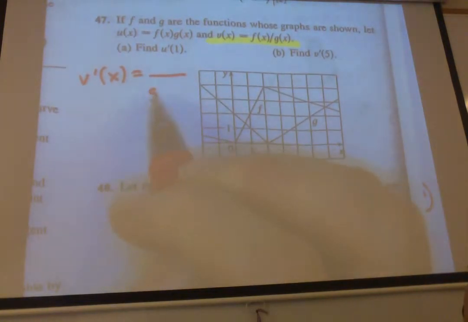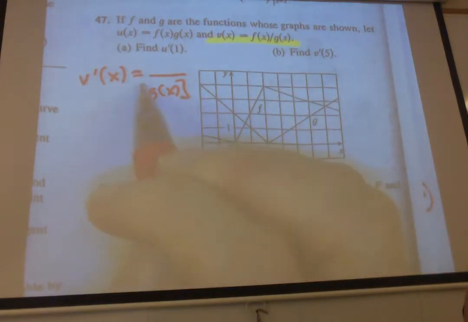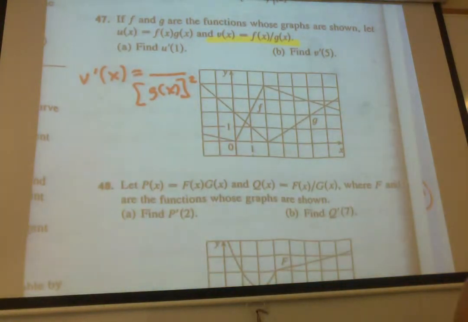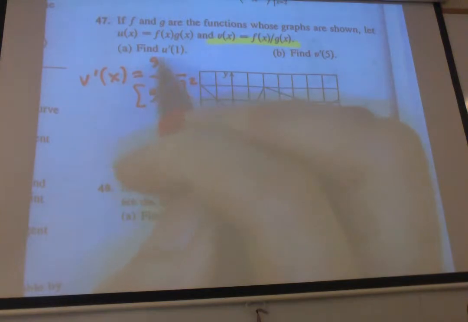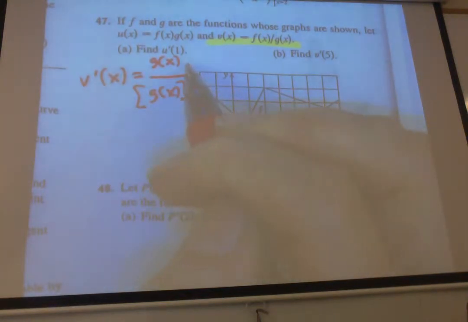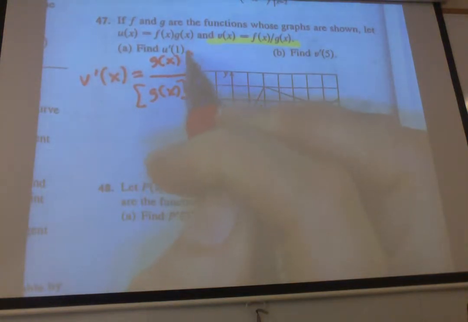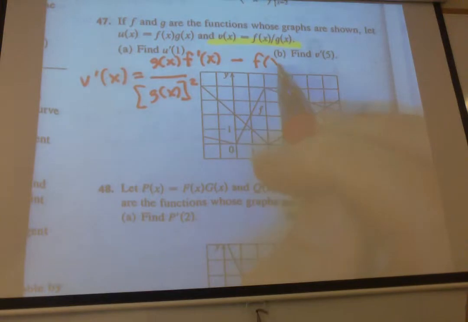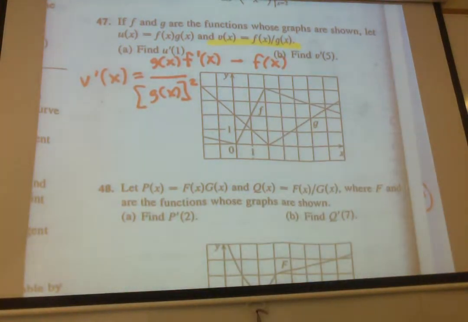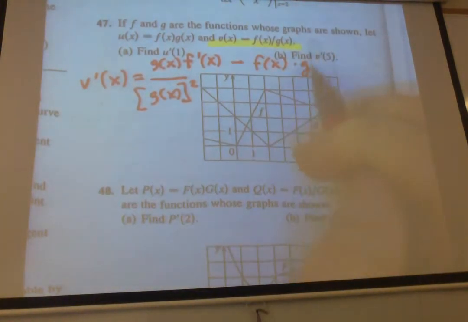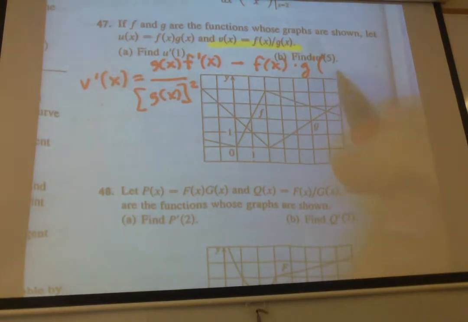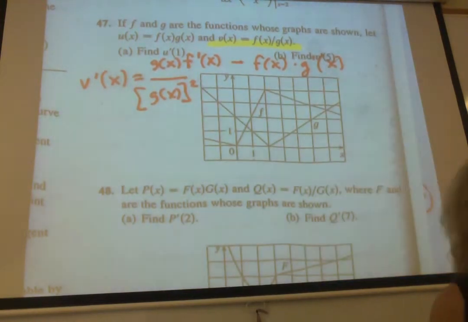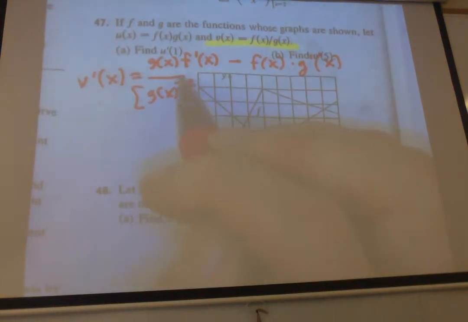So I'd have g of x squared, and then we'd have g of x, as she said, times f prime of x minus f of x times g prime of x. Okay, so that is our quotient rule.